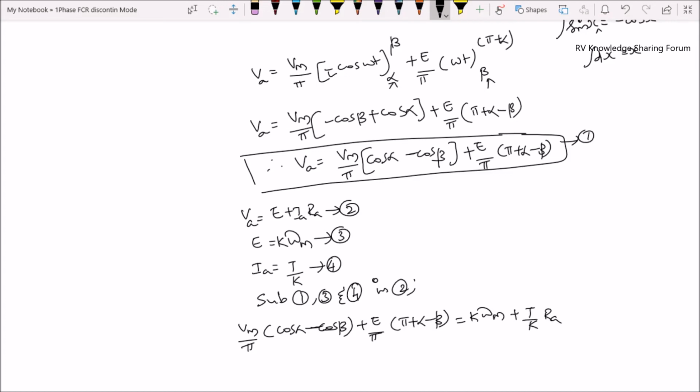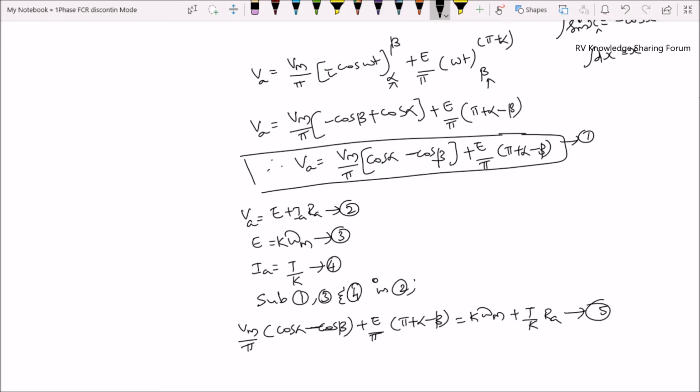Okay, so this is Vm by pi cos alpha plus E by pi into (pi plus alpha minus beta), which is equal to, so let this be equation number 5.